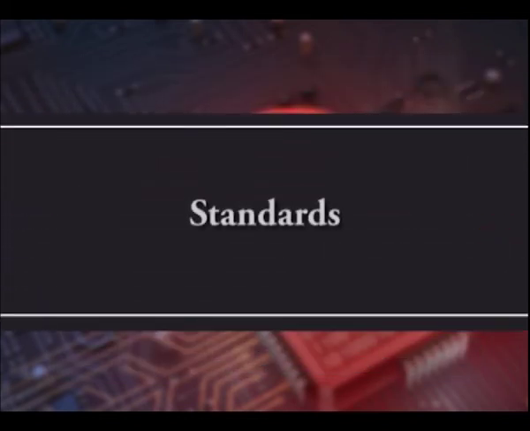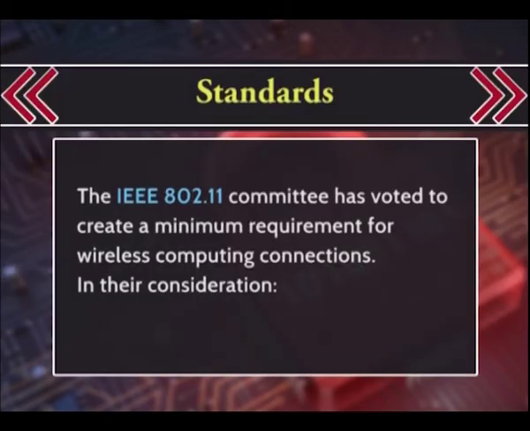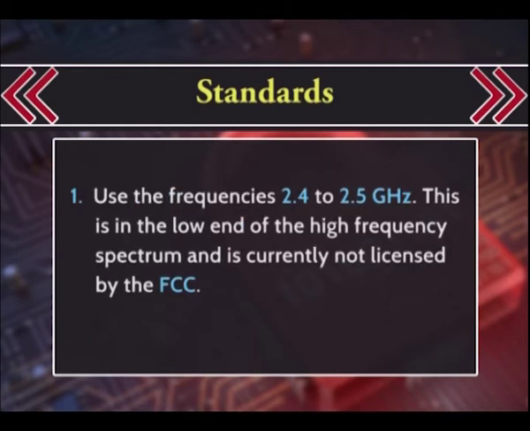Then we will discuss what the standards are. The IEEE 802.11 committee has voted to create a minimum requirement for wireless computing connection. In their consideration, they use the frequency 2.4 to 2.5 GHz.